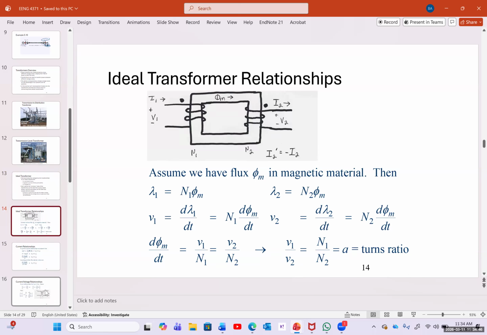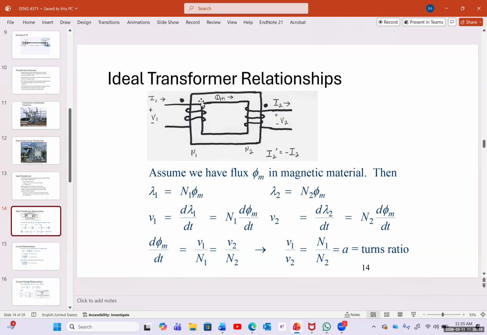Now, based on these assumptions, we would draw the transformer graph for an ideal transformer. So we have the primary side, V1 or Vp, the primary voltage and current. And as you know, when you put a current through a wire, you create a magnetic flux.